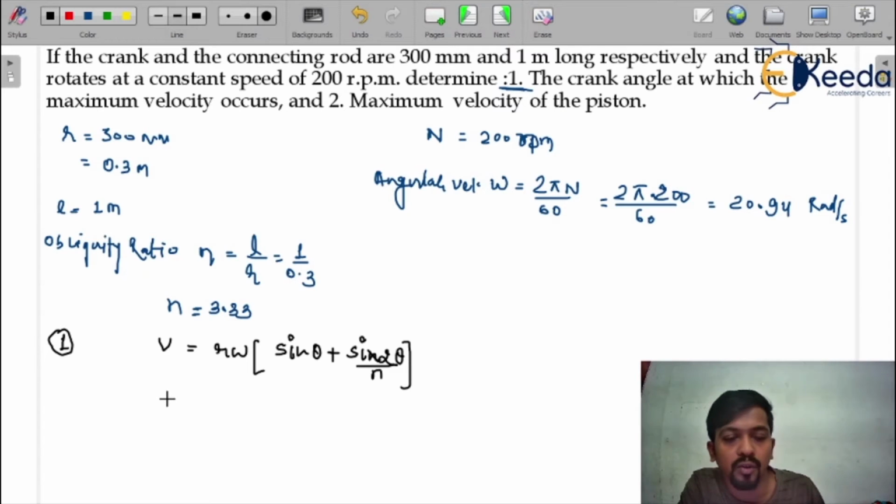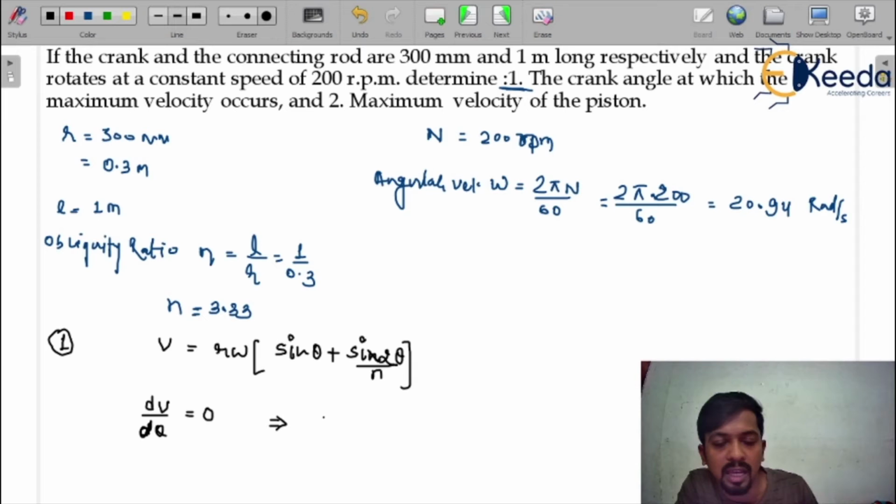If we want to find the maximum velocity, we have to differentiate it with respect to theta, because the only variable in the equation is theta. So dv upon d theta would be equal to 0. Here R omega is constant, so we can write cos theta plus 2 cos 2 theta upon n is equal to 0.